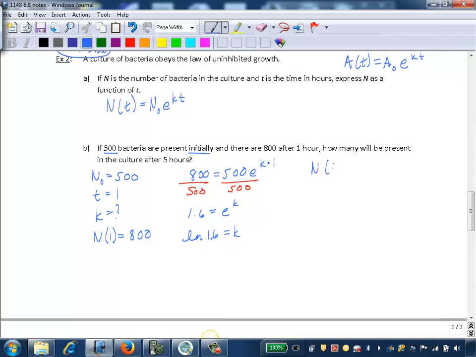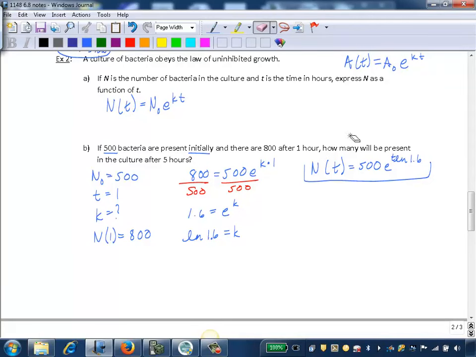So we can say n of t is going to equal n sub 0, the 500, times e to the natural log of 1.6 t, and I'm going to move the t into the front so they don't get confused and accidentally multiply that 1.6 times t. It's t times the natural log of 1.6. So we can now use this function to solve for what they're asking, which is how many bacteria will be present in the culture after 5 hours.